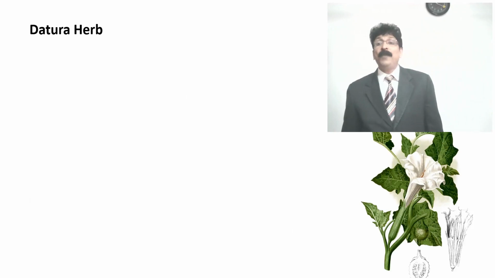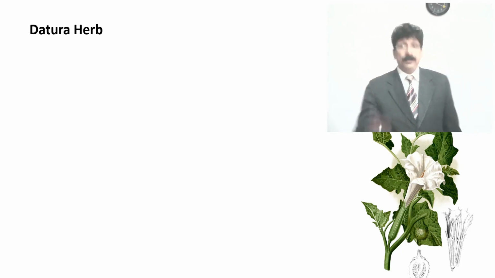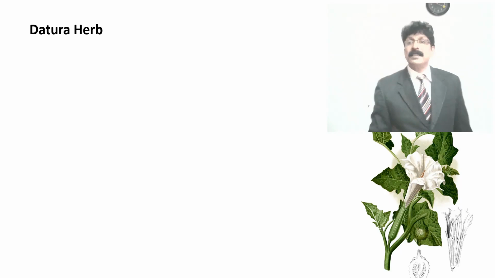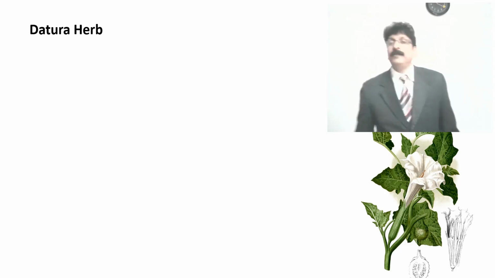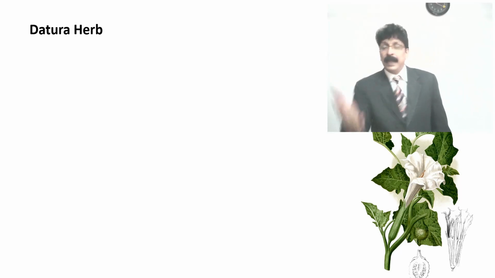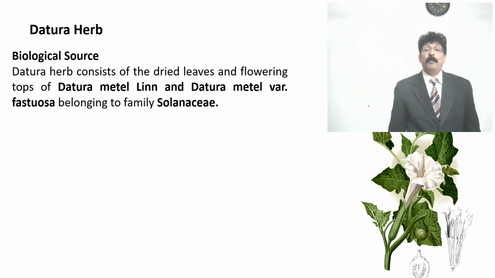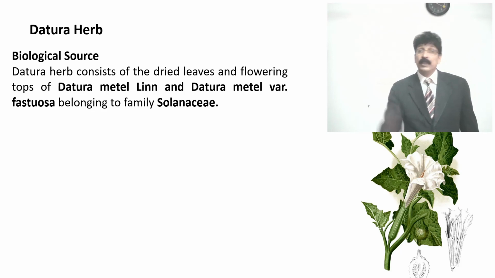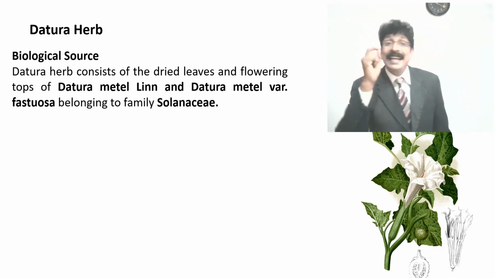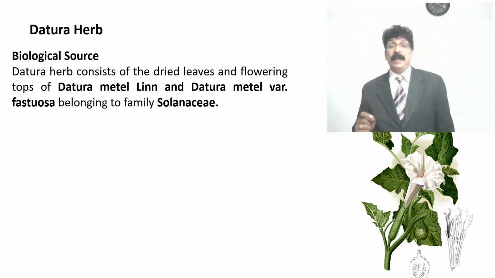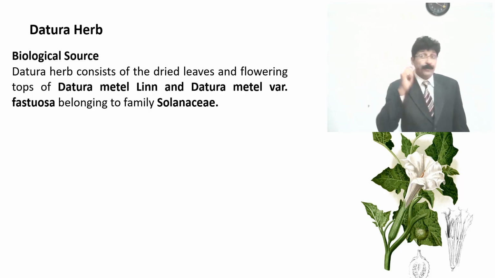Now we are coming to the Datura herb, which you have done in the lab, which is commonly available in our place on the roadside, with white flowers and thorny fruits, a picture of which is shown in the slide. Biological source: Datura herb consists of dried leaves and flowering tops of Datura metel Linn and Datura metel variety fastuosa, belonging to the family Solanaceae.